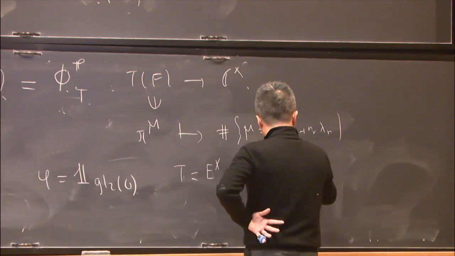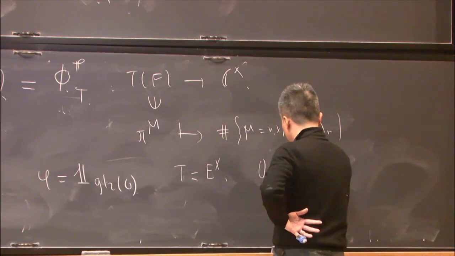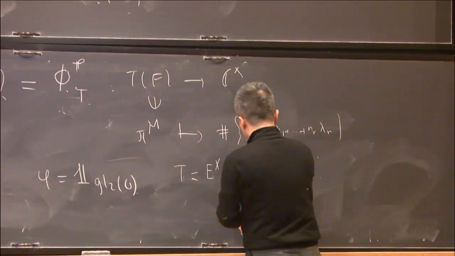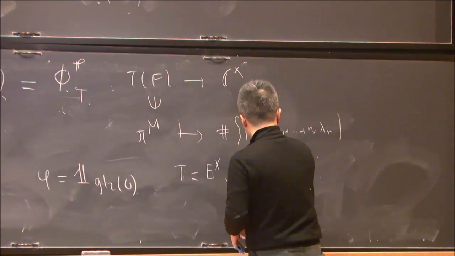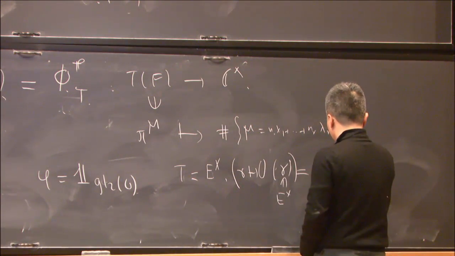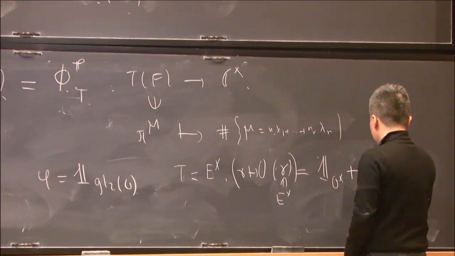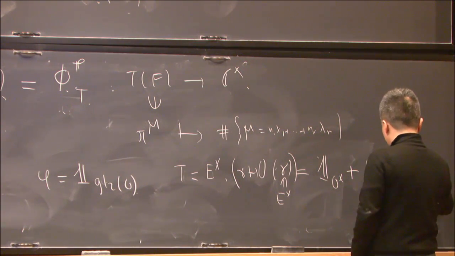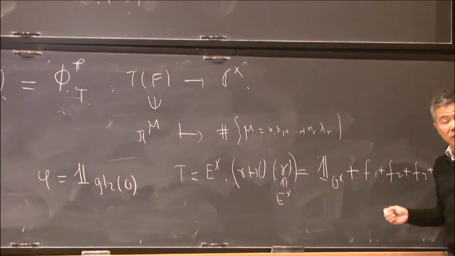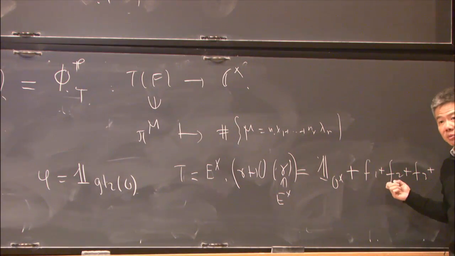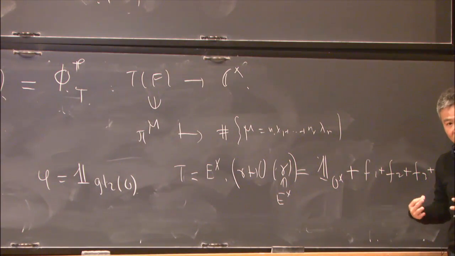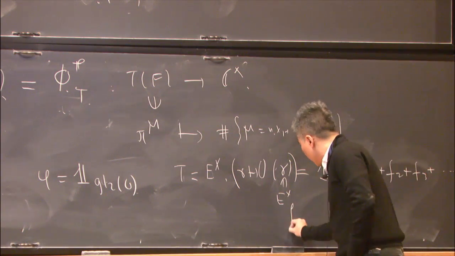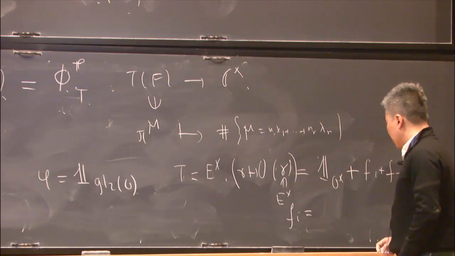of gamma in E star will be, as a function, a characteristic function of O star plus F1 plus F2 plus F3 plus etc. So this is not a smooth function as we expect, right? Because it often has singularities and because it's an infinite sum. But Fi is a characteristic function of something like this.